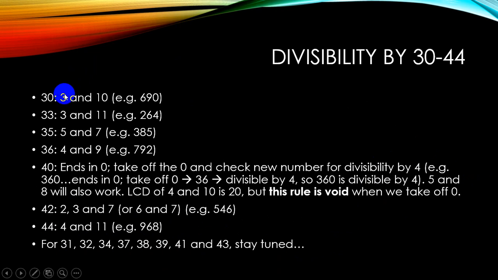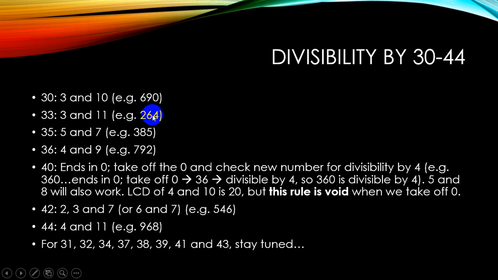For 30, check for divisibility by 3 and 10. So it just has to end in a 0 and then otherwise be divisible by 3. So 690, 6 plus 9 plus 0 is 15. Multiple of 3, ends in a 0. Multiple of 10, therefore 690 is divisible by 30. For 33, divisible by 3 and 11.